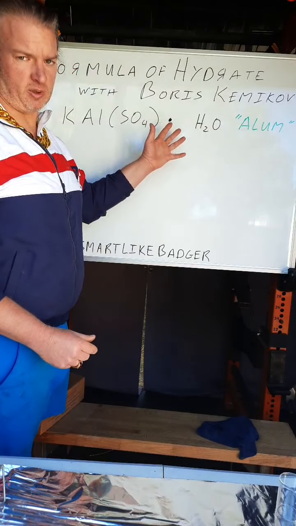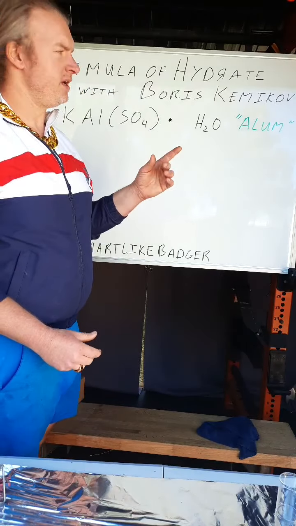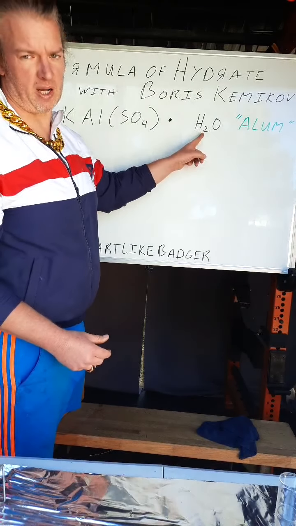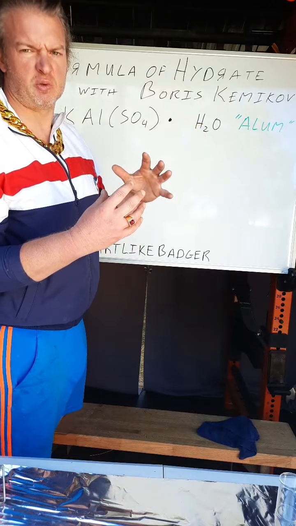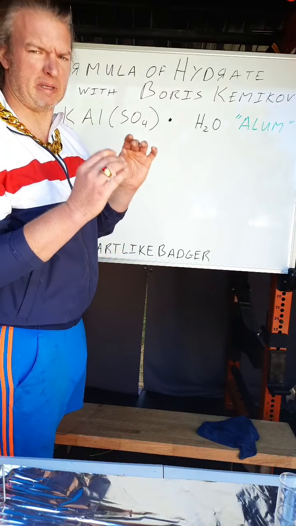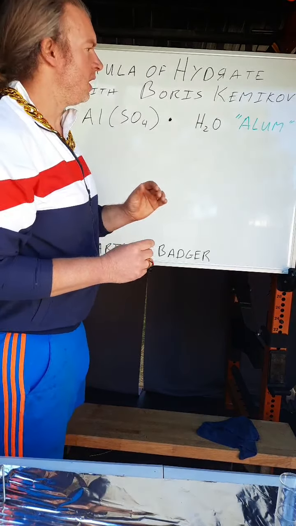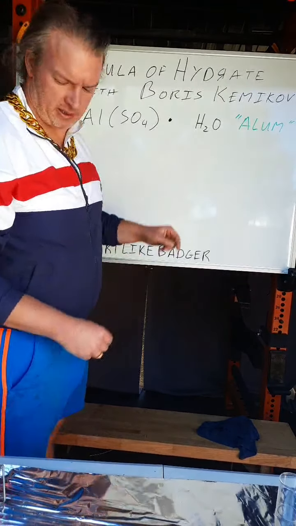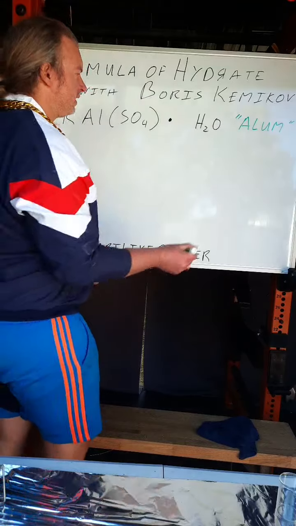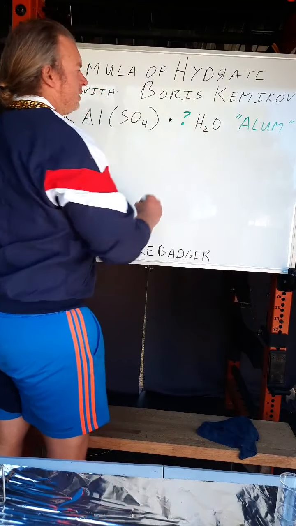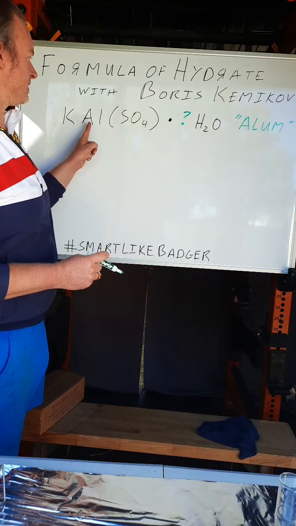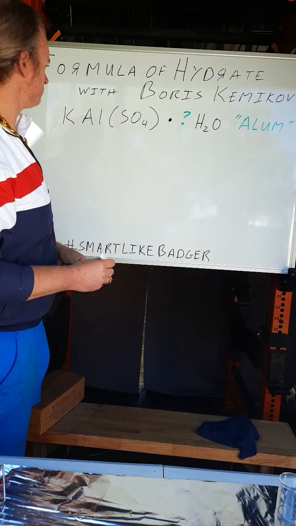This molecule comes hydrated, means that when you buy it, it comes with water molecules attached to it, clustered to it on a molecular level. Our experiment today is to determine how many water molecules are present for each potassium aluminum sulfate.